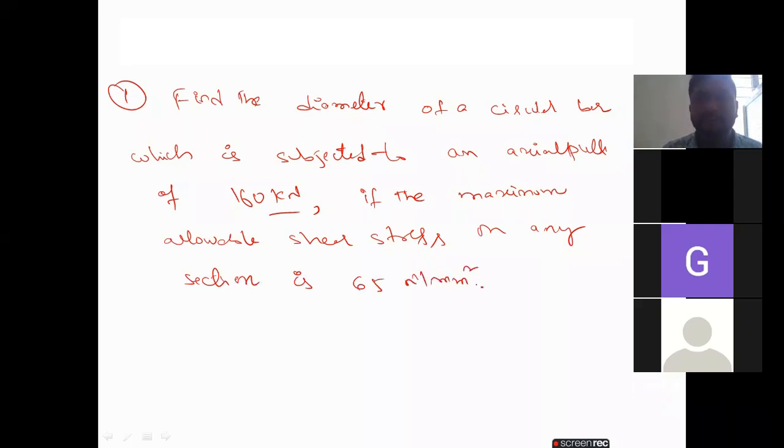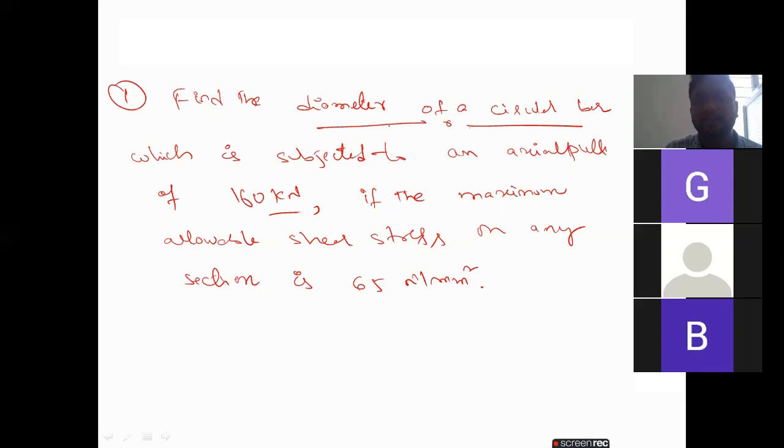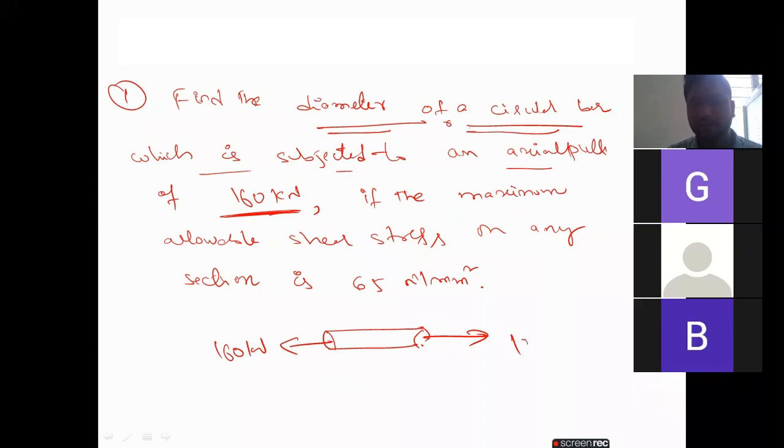So my dear students, if you observe this problem, we have to find out the diameter of a circular bar. This is our requirement, the unknown factor we have to calculate. The bar is subjected to an axial pull of 160 kilonewton. For suppose a circular bar is like this, with an axial pull, I am drawing here, 160 kilonewton and 160 kilonewton.